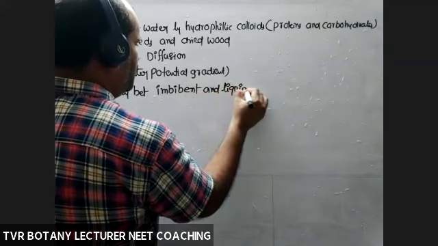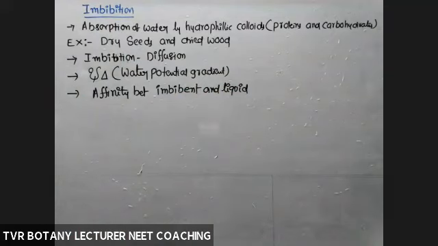Imbibant means a material which is able to take up the liquid. Affinity is required. For example, if a seed is dropped into castor oil, definitely there will be no absorption of castor oil by the seed. Reason, there is no affinity. Seed versus water, yes, affinity is present.